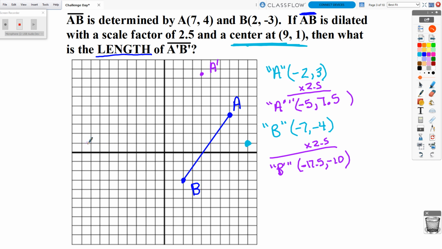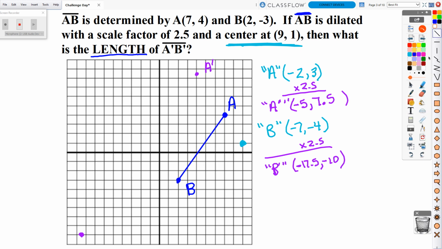So I'm going to put just a little mark right here so I kind of know where I'm at. And now I need to go down 10. 1, 2, 3, 4, 5, 6, 7, 8, 9, 10. Okay, good. We're still on the graph. All right, and then I'll erase my little marker right there. Okay, and then let's make our new segment.